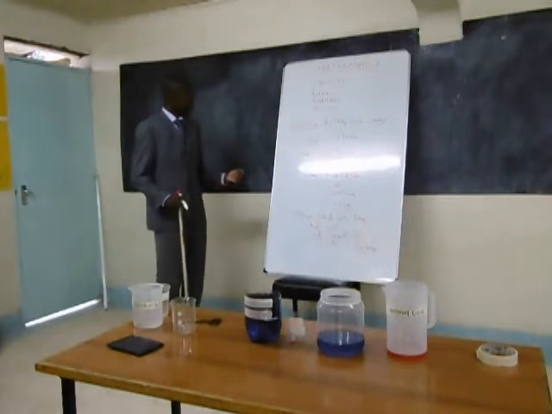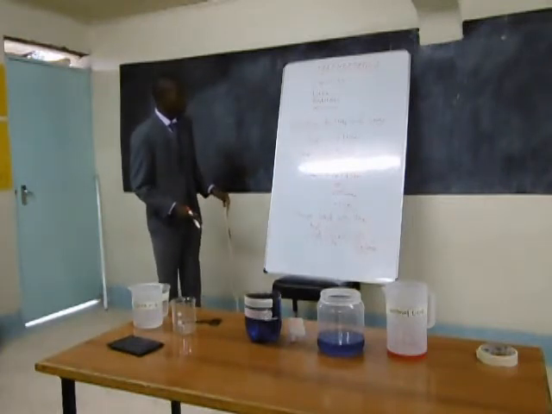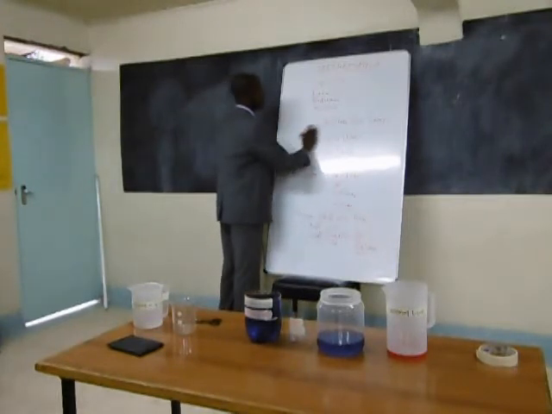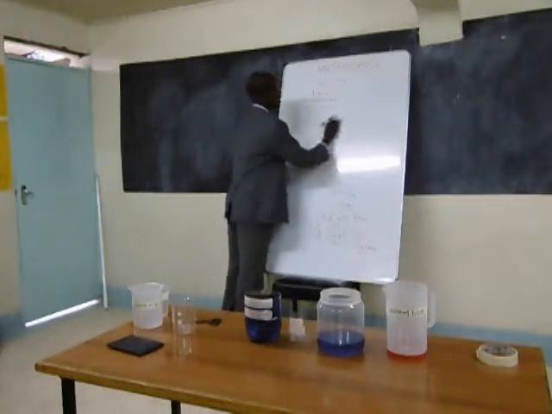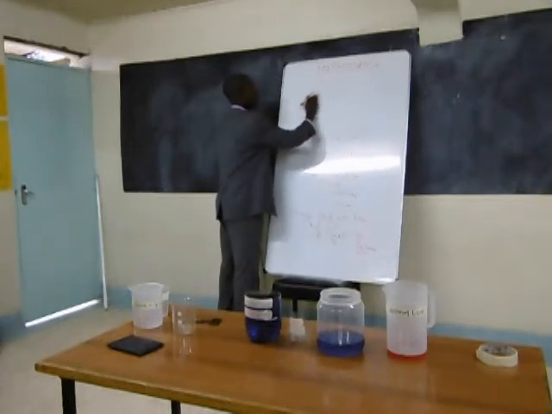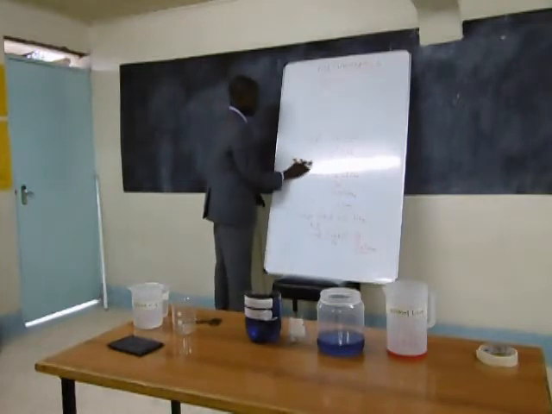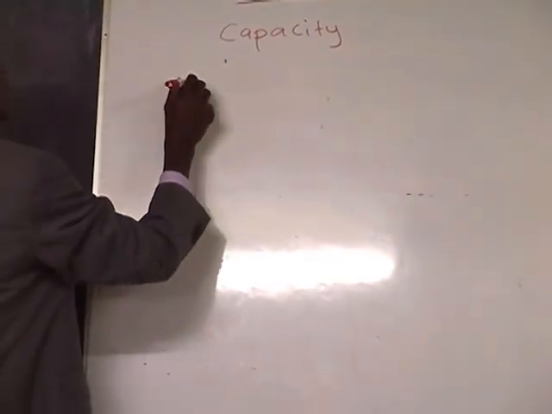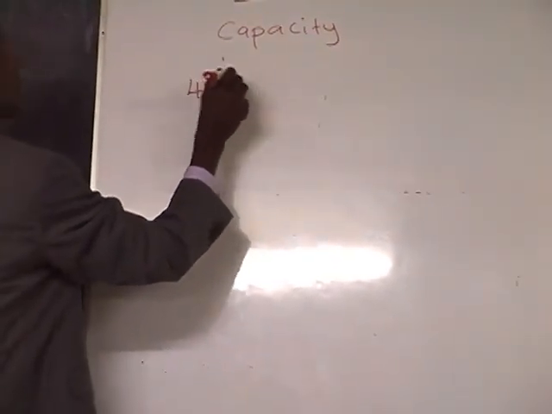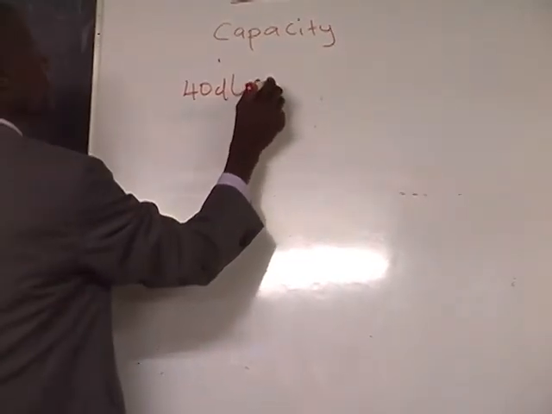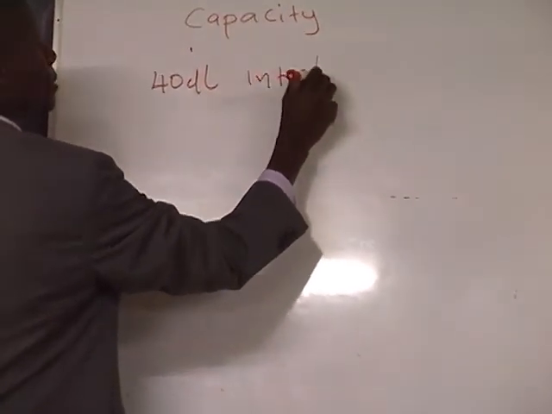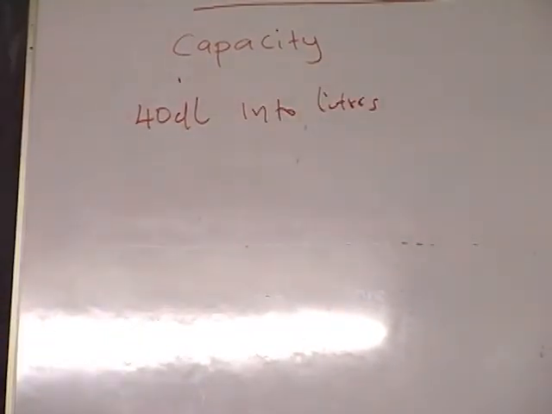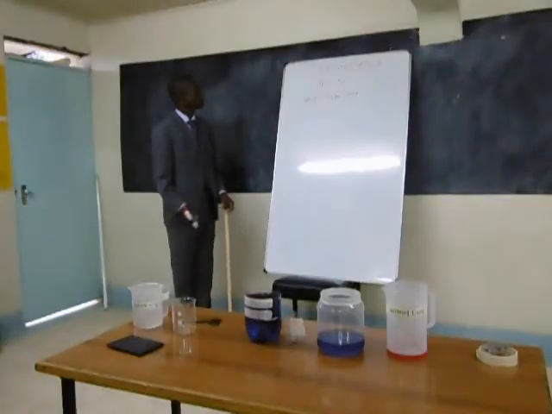Now, I want one of us to come and help me convert this capacity into deciliters. Okay, now if we are given 40 deciliters and you are told to change it into liters, I want one of us to help me convert this as we've agreed.